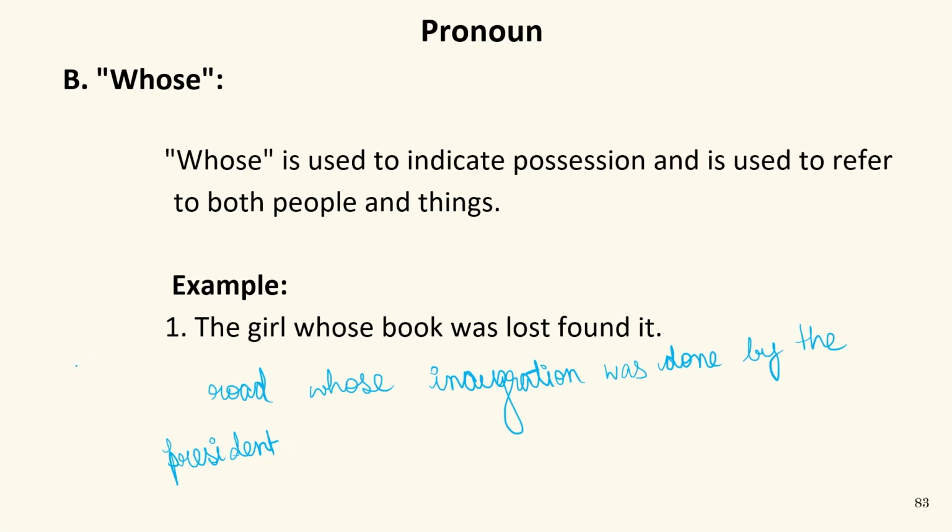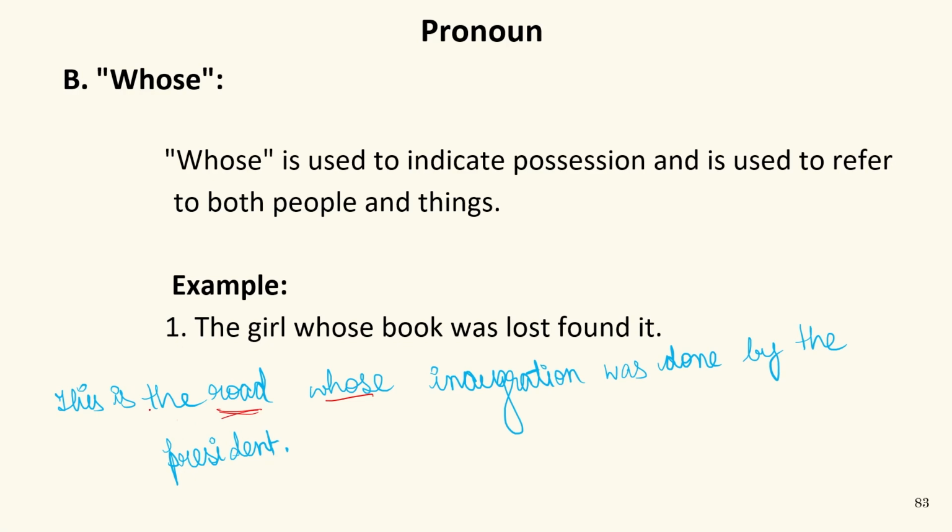Sorry, I should write this sentence like this: the road whose inauguration was done by the president. Now look at this sentence very carefully. Now this sentence is incorrect. Why so? Just because we are using whose with road, and road is a non-living thing, whereas we use whose with living beings only.